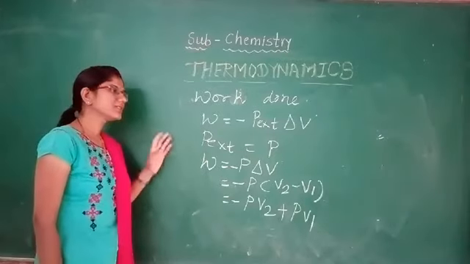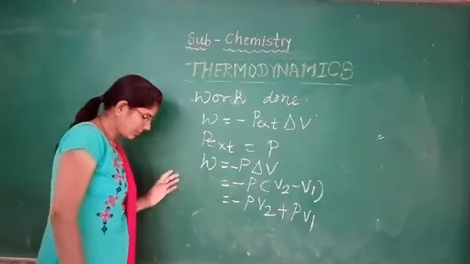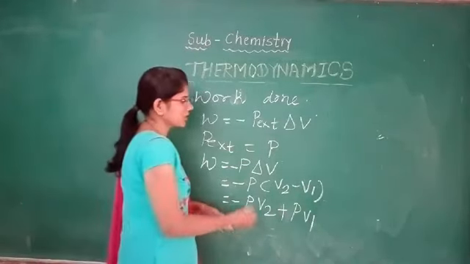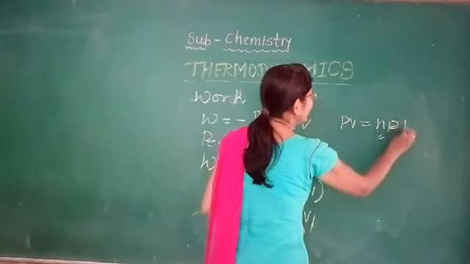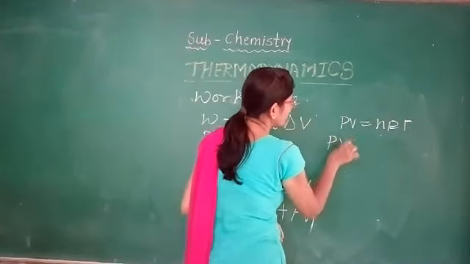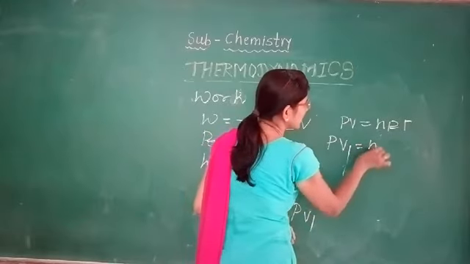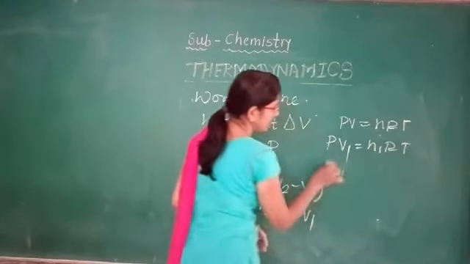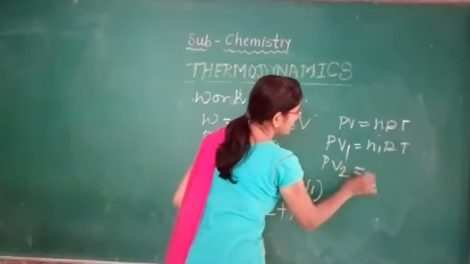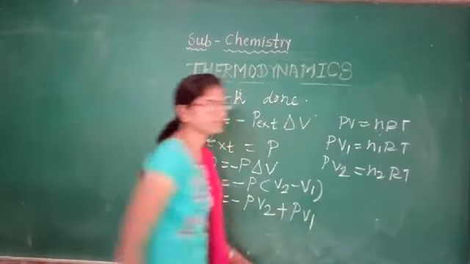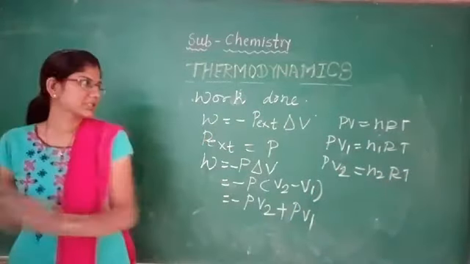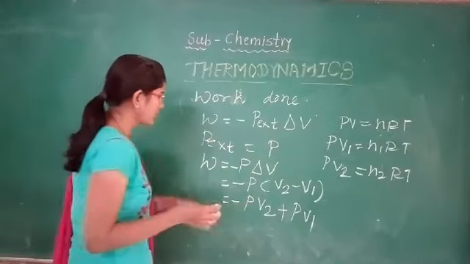As we saw in the previous expression, from the ideal gas equation PV equals nRT, PV1 equals N1RT, and PV2 equals N2RT. So put these two values in this equation.